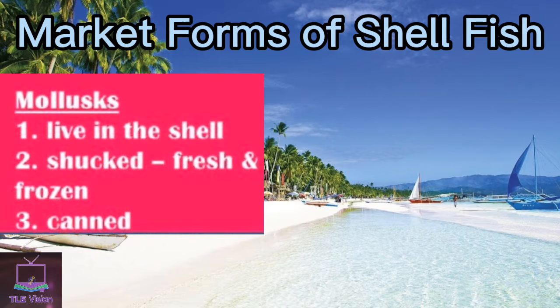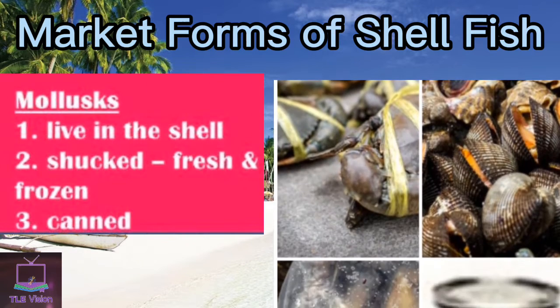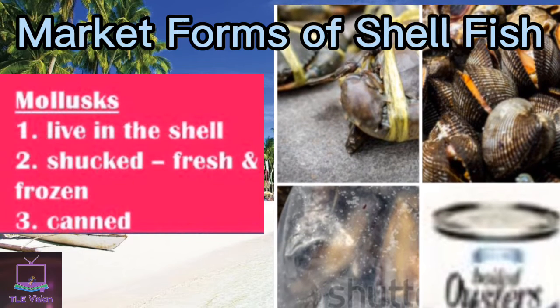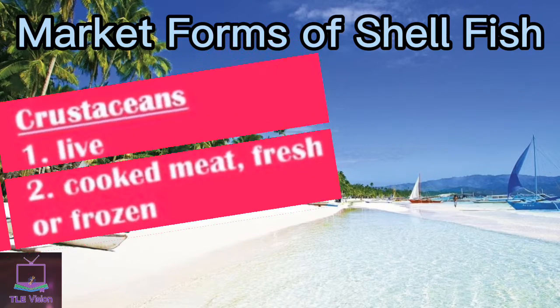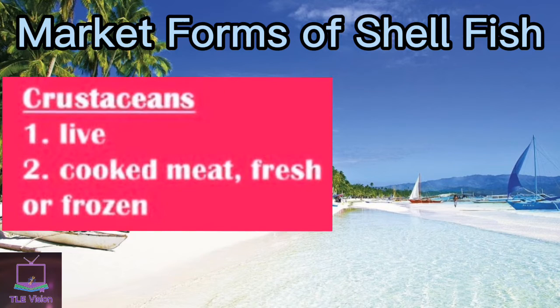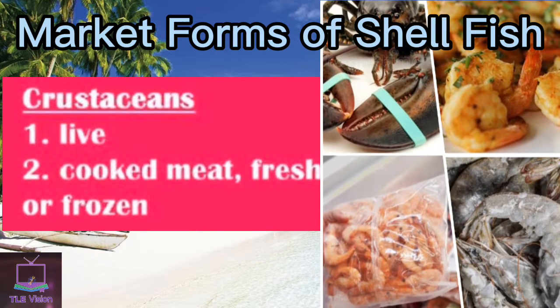Number 1, they are live in the shell. Number 2, they are shucked, and can be fresh or frozen. And number 3, they are canned. Here are some market forms of crustaceans. They are live, cooked, fresh, and frozen.